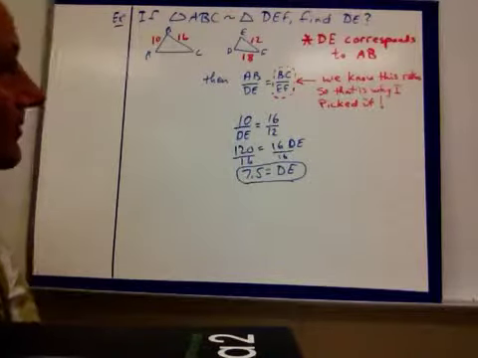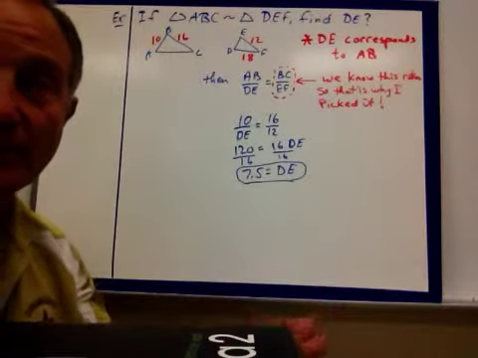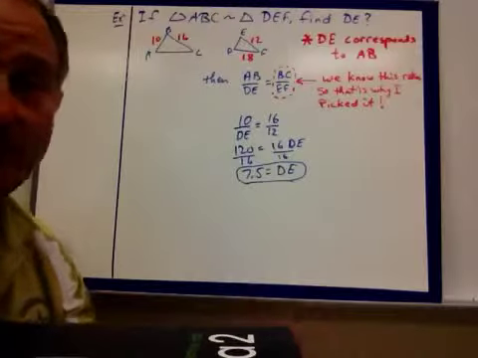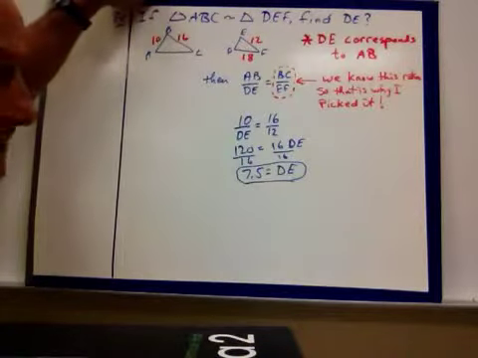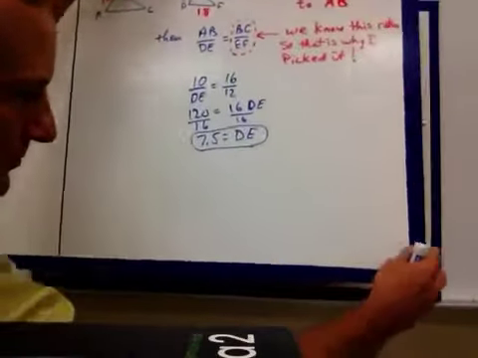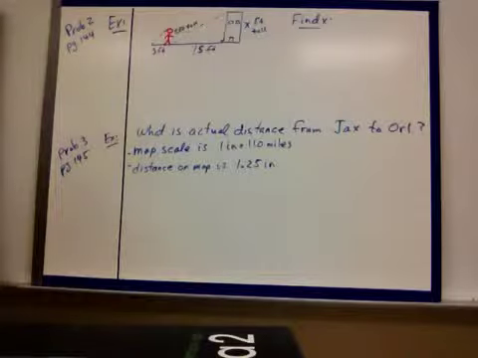So that's the length of DE. That's how you find the length of a missing side, kind of what we were looking for in that original question. Let's look at two other application type problems here.